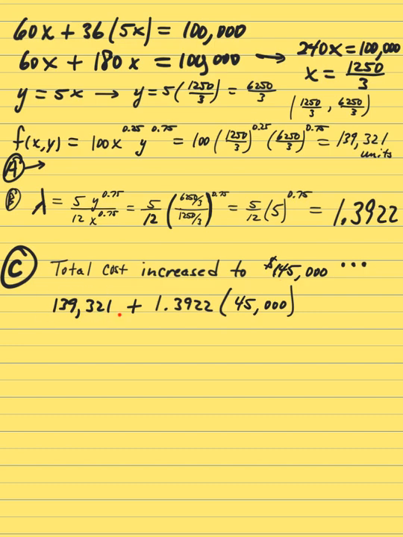So originally at 100,000 plus the marginal productivity for that extra 45 grand. Multiply that together and add, and we will get 202,015 units. We get to spend more, so we're going to make more units.